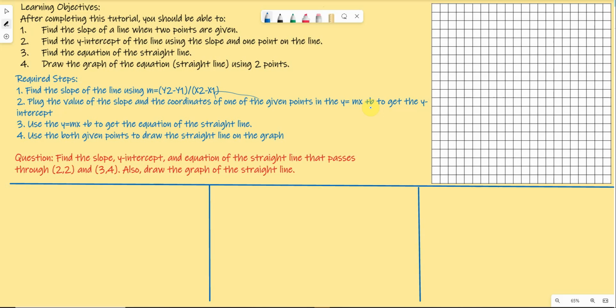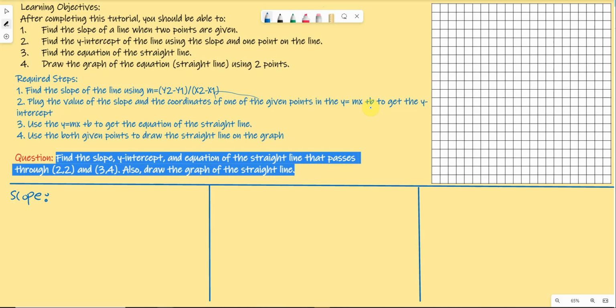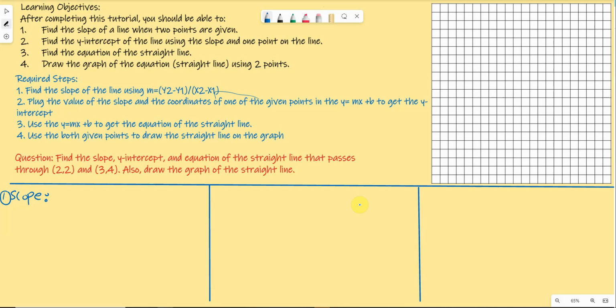So we are going to get the value of slope first. When 2 points are given, remember, our first point is (2, 2). So we are assuming 2 is x1 and 2 is y1.